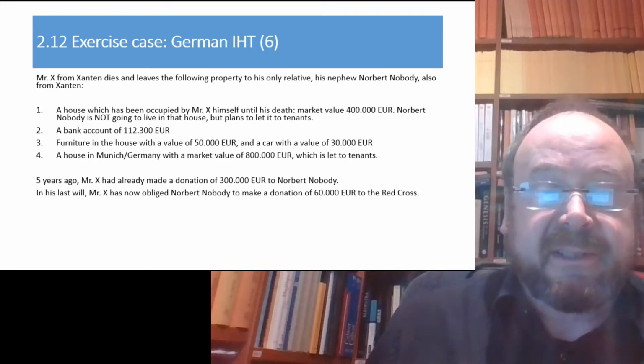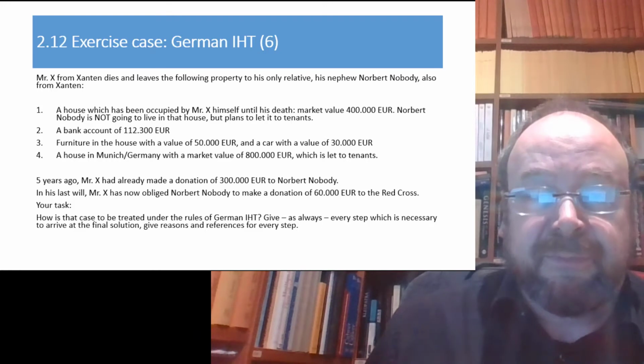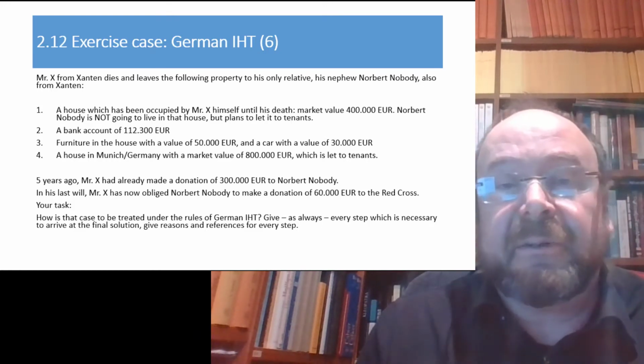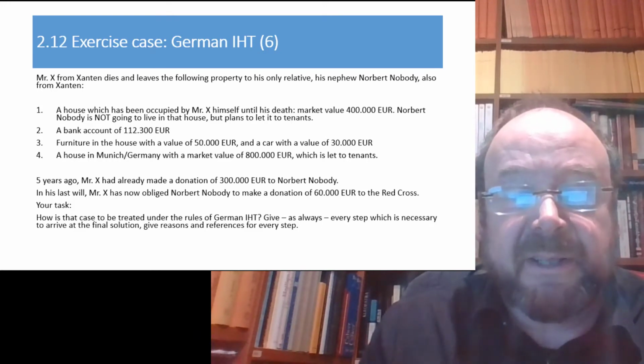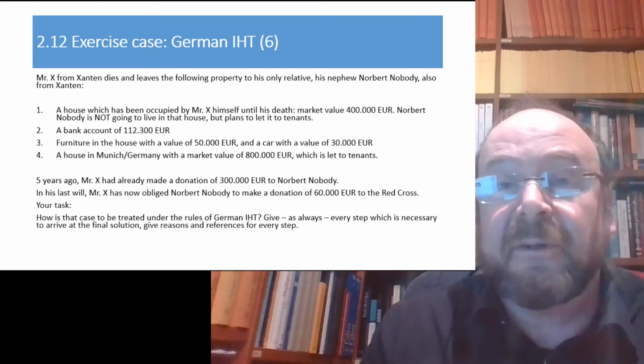Your task, and my task too, is now to find out how the case has to be treated under the rules of German inheritance tax law.